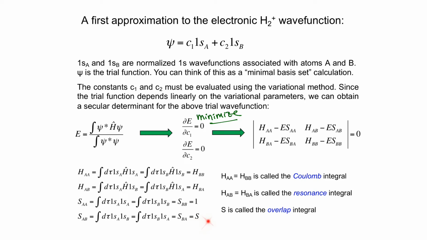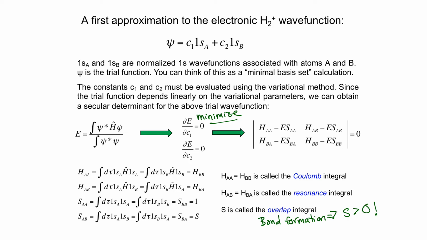So this S that you calculate has a special name called the overlap integral. Now this overlap integral is essentially a measure of the overlap of the individual atomic orbitals. Okay, so that S value will be larger when your atoms are closer together. And it turns out that bond formation requires that that term has to be greater than 0.